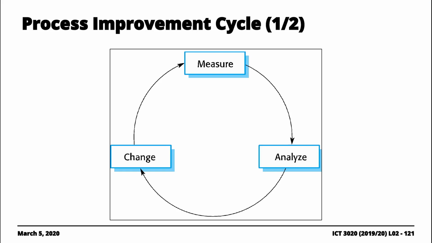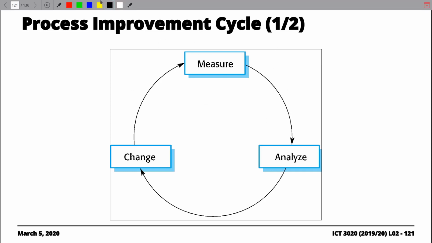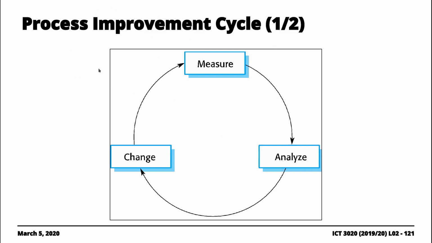But irrespective of the approach that you take, you tend to go through a process improvement lifecycle that is composed of 3 key aspects, right? So you always tend to want to come up with metrics that you use to gauge the overall process improvement process that you've adopted.